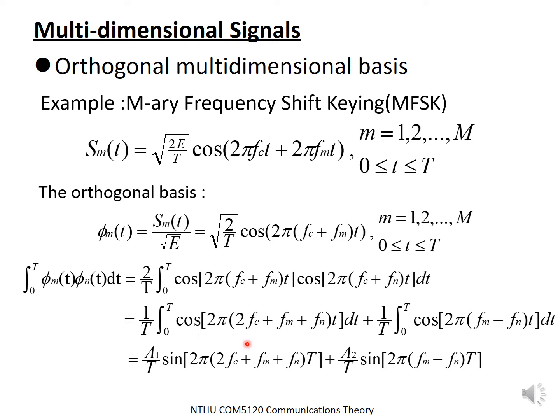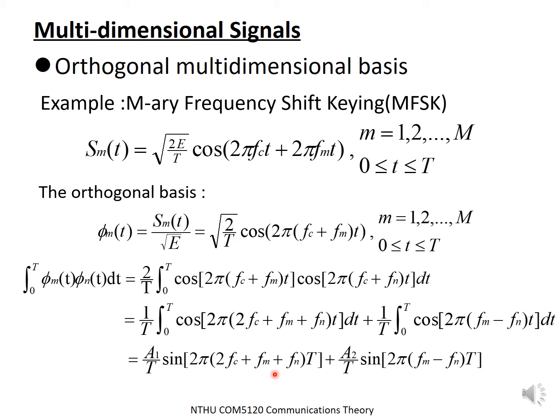The first term is a sine function evaluated from 0 to T, and the second term becomes sine 2 pi (fm minus fn) T. Now we need to design the carrier frequencies.